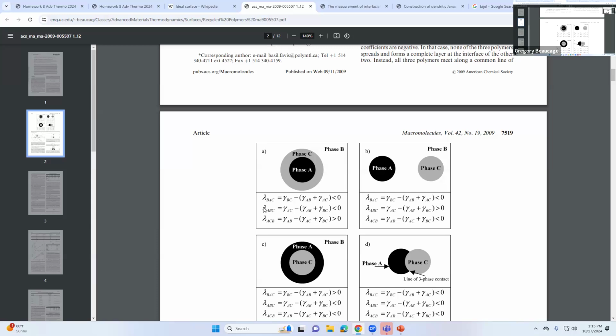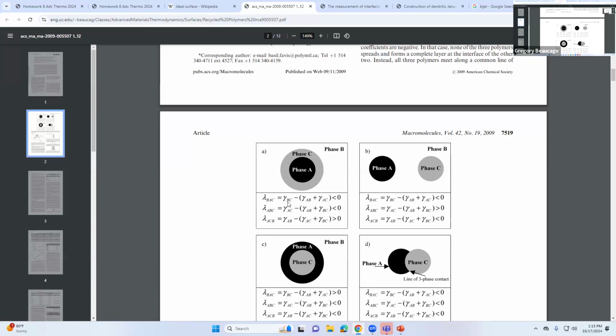So if you have a negative gamma ABC, that means A, C are going to stick together. If it's positive, it means B, C want to be together. This one's positive, that means A, B want to be together. So the logic is, if that thing's smaller than the other two, then A, C will stick together.